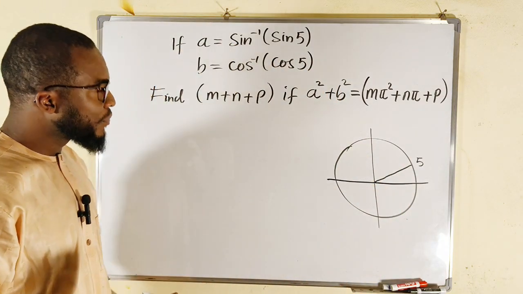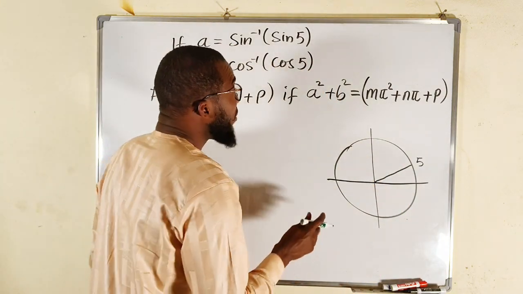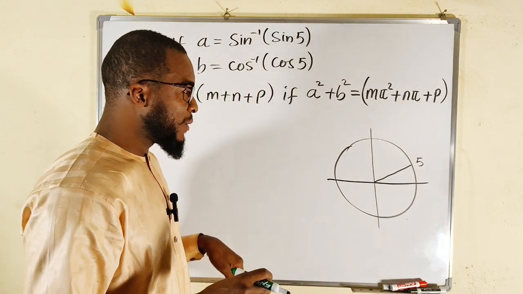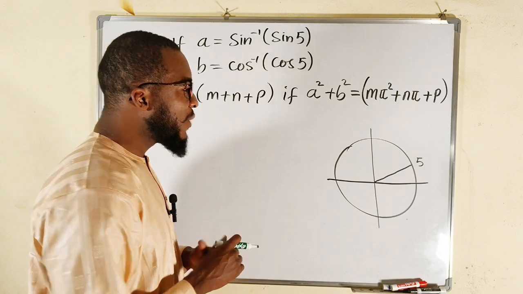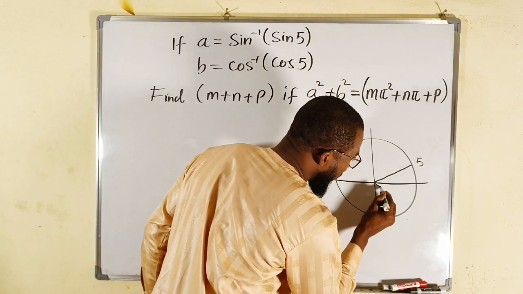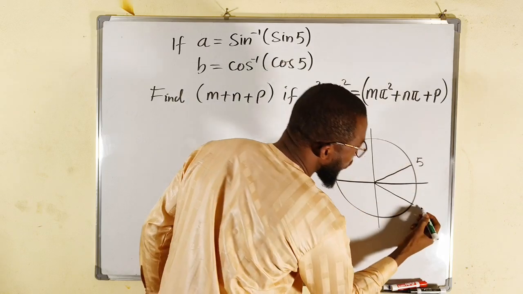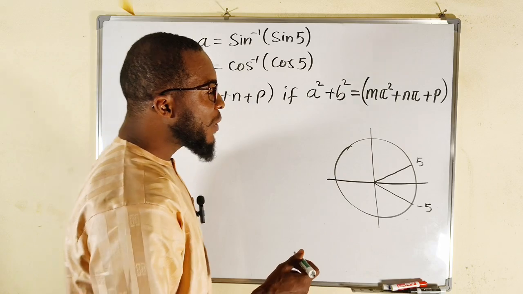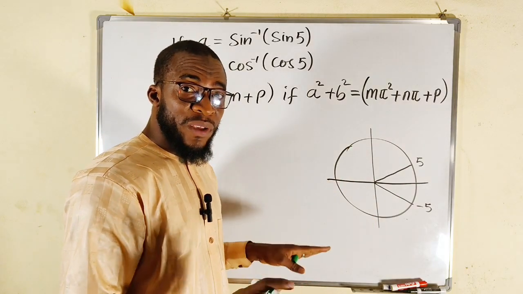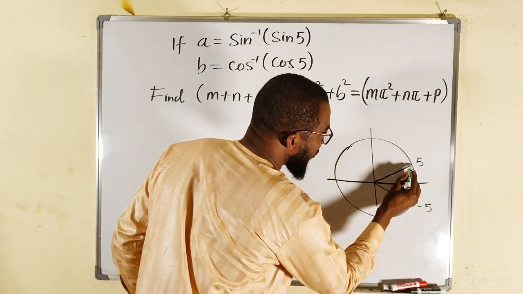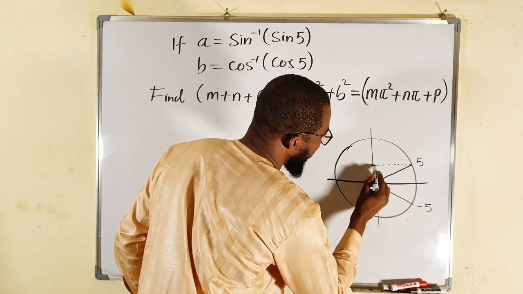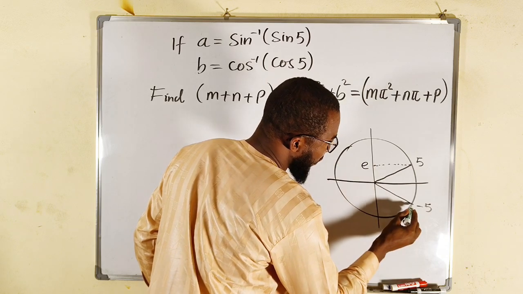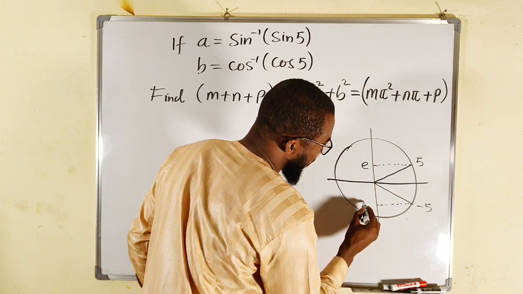Let's start with sine. Remember that sine depends on what? Y coordinate. So what happens if we have another one here, a reflection of the first one? This will be -5, definitely. So talking about sine, which depends on y coordinate, let's assume this value right here is, let me call it E. This point right here must be -E.